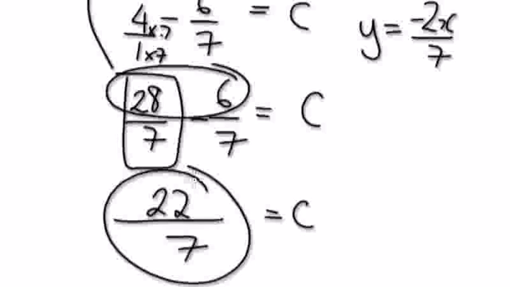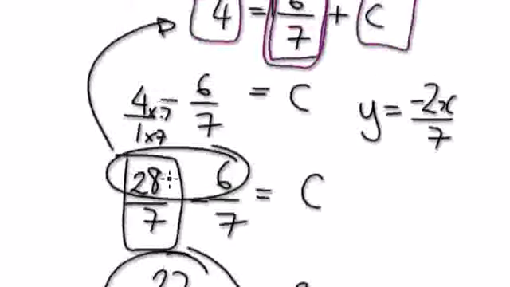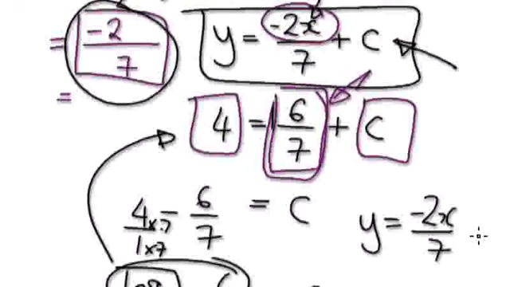Remember, c is 22 over 7, so we've got plus 22 over 7. We were almost there, but we needed to find c. Now that we've got c, we can put the 22 over 7 into the c.